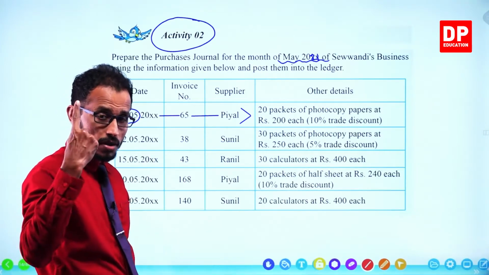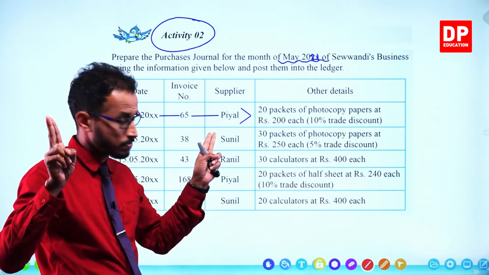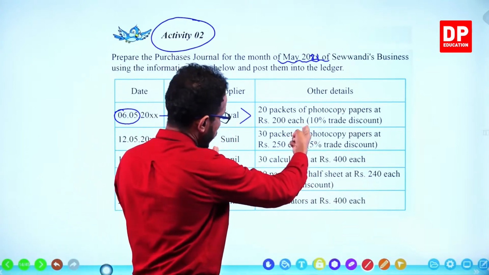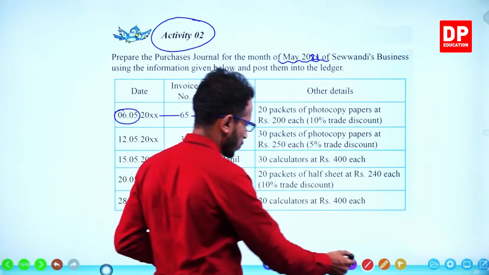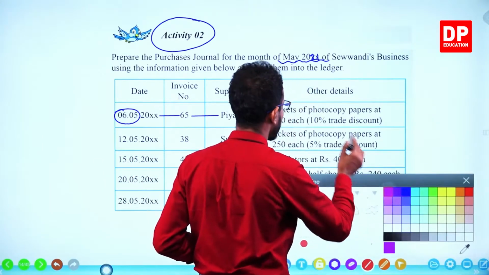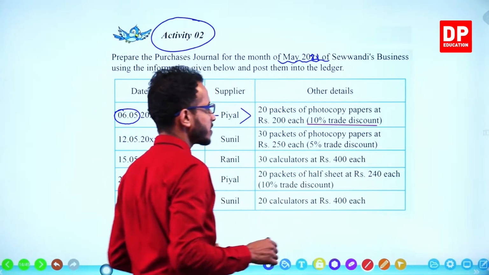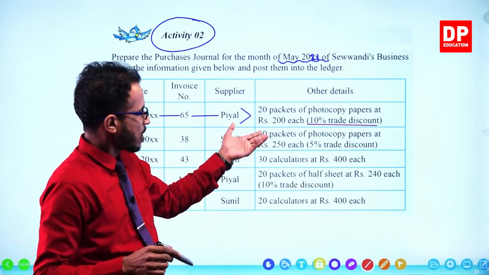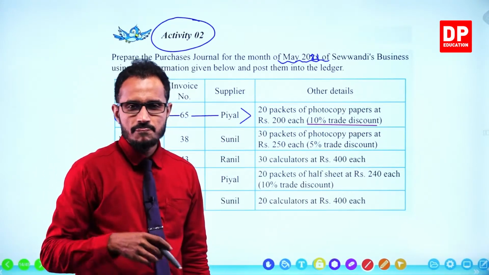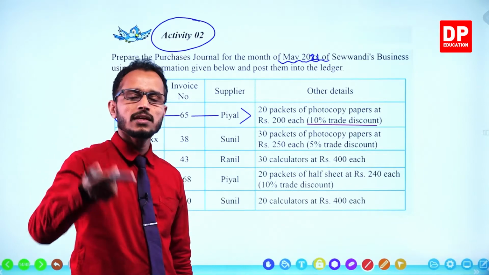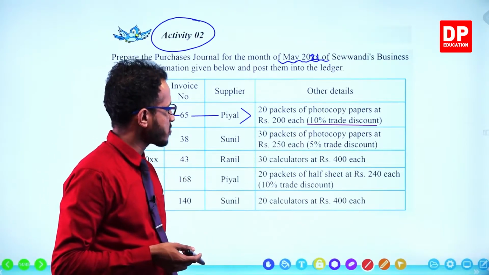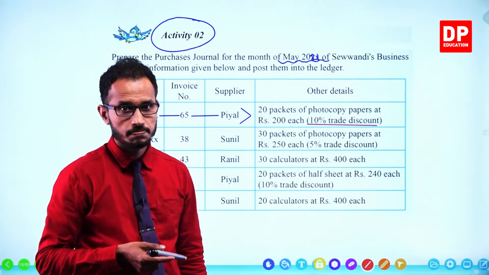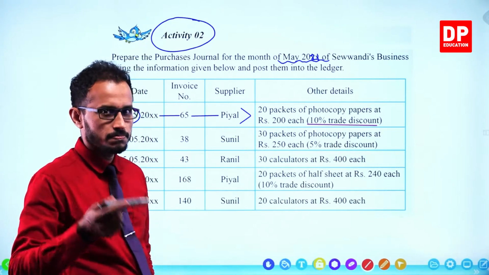One pack is 200. Don't forget that there's a trade discount. Right, so that's why I took this activity, because we can calculate trade discounts. You can revise the way trade discounts are treated. It's better, right?